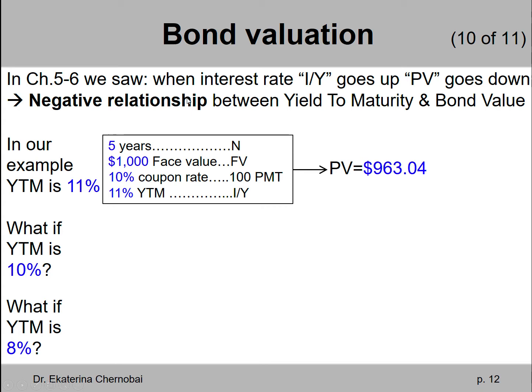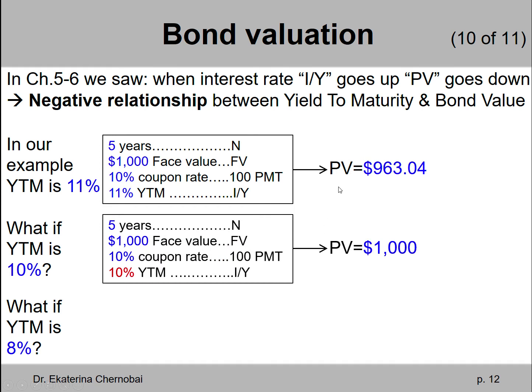The negative relationship tells us that that should make the bond value higher. And if we repeated the financial calculator keys and only changed the IY from 11 to 10, we would get the higher bond value, and that would be $1,000.